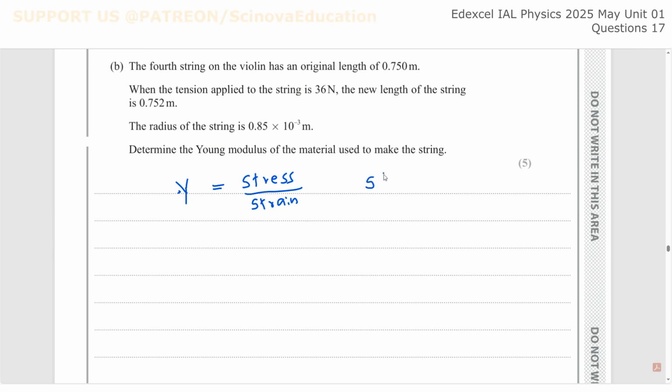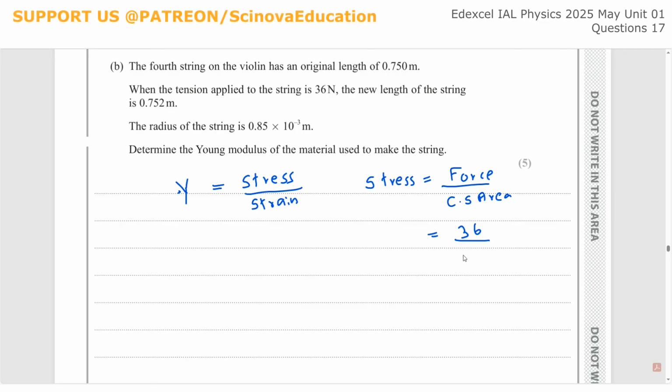Stress applied to the material can be calculated using the force over cross-sectional area. Let's first calculate the stress applied to the material. So the force is 36 newtons divided by cross-sectional area.